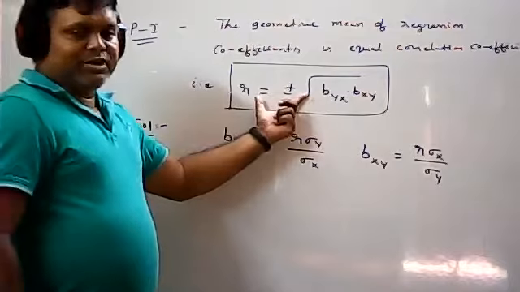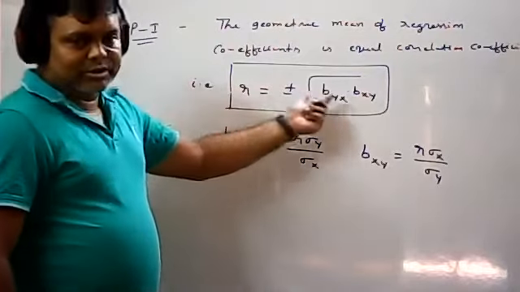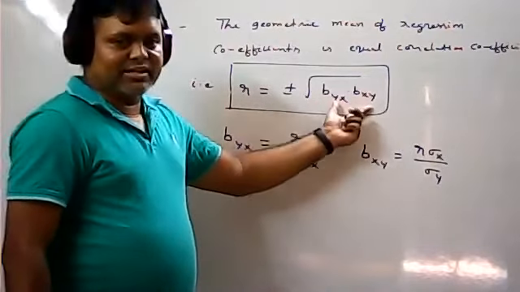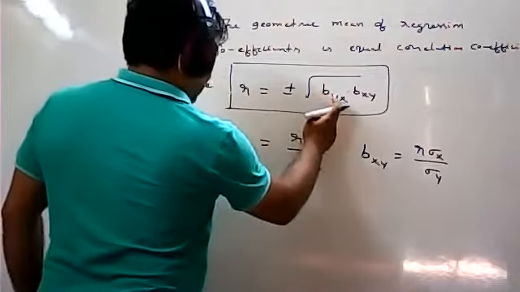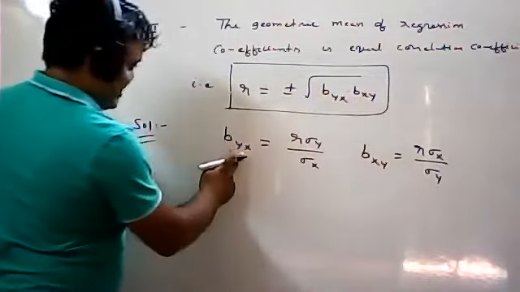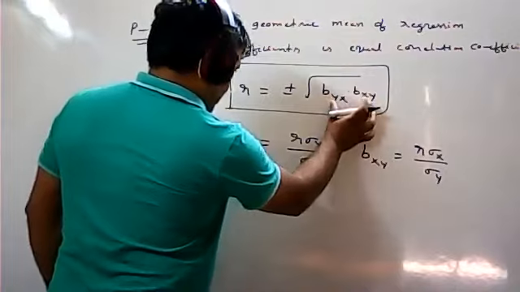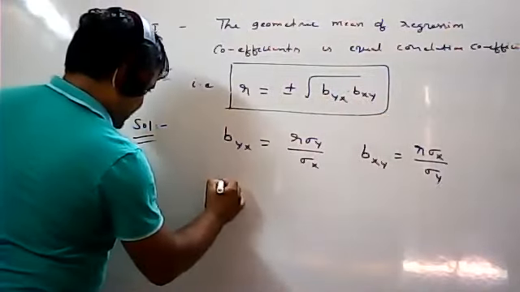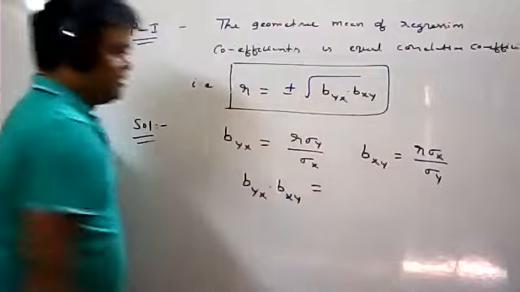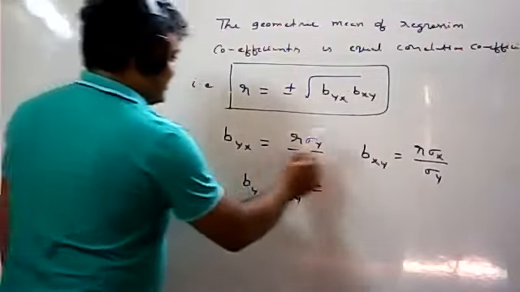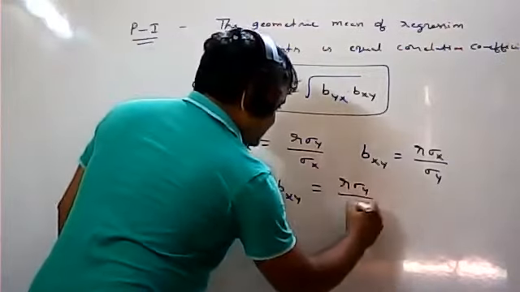So this you have to prove. You can consider the LHS and prove it is equivalent to the RHS, or consider the RHS and prove it is equivalent to the LHS. I will first consider Byx into Bxy, since I know both formulas, and just do the multiplication. Byx is r sigma y by sigma x.